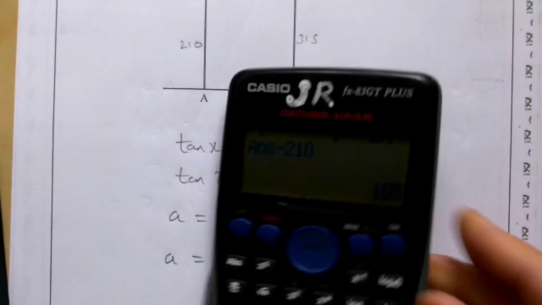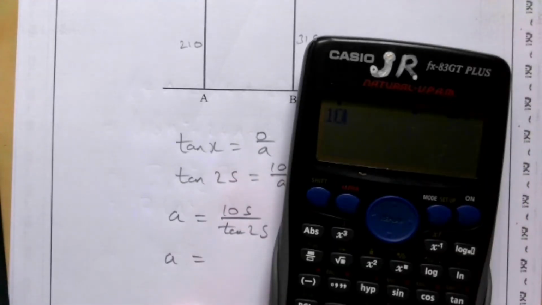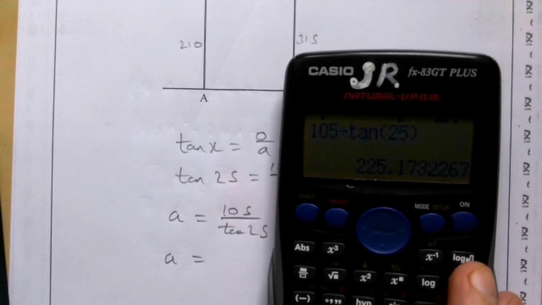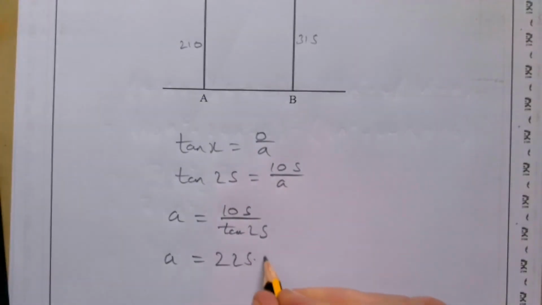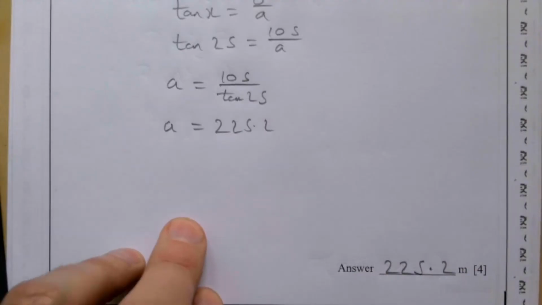That's a wee D in there. I know soon enough if I'm not. So I'm 105 divided by tan 25, and I get an answer then of 225.2. So that goes into there. And that's us.